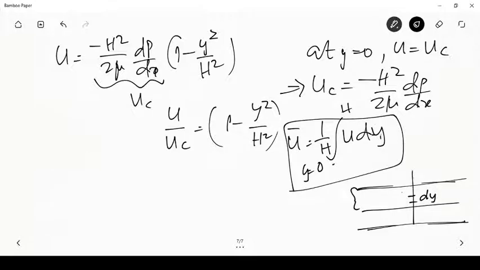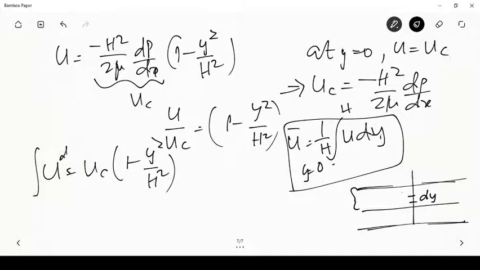If I do that integration, u is equal to uc into 1 minus y squared by h squared. If I integrate this, the integral of u dy divided by h, from 0 to h, I can take uc by h outside, because uc is a constant, and integrate this.